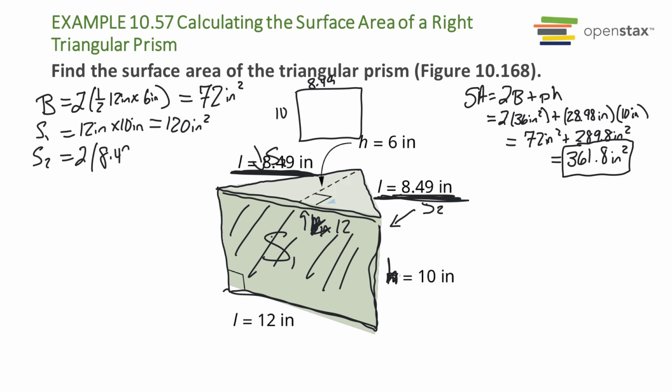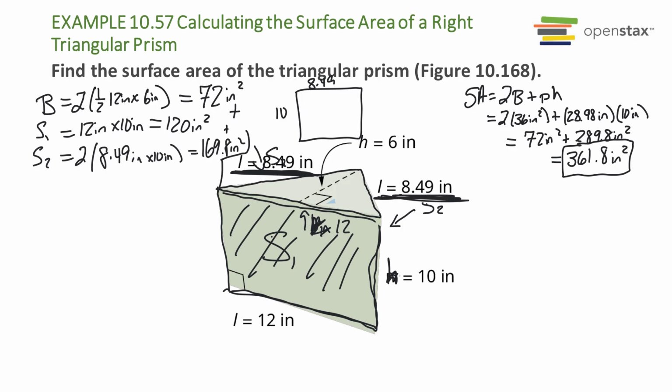That's 8.49 inches. There's 2 of them, so 2 times 8.49 times 10 inches. That's going to be 84.9 times 2, which gives me 169.8 square inches.